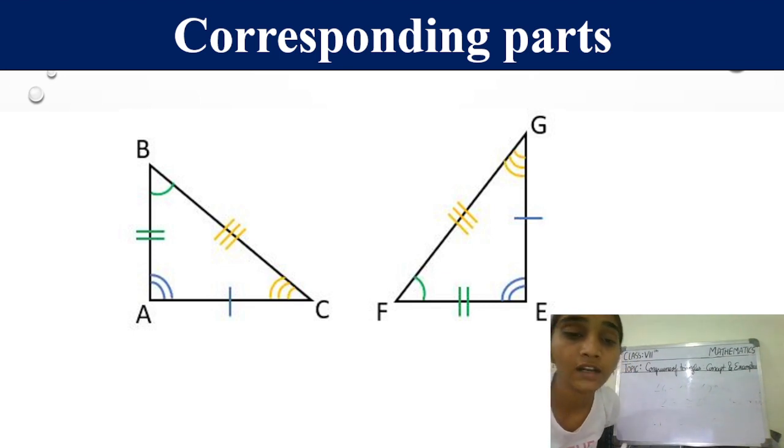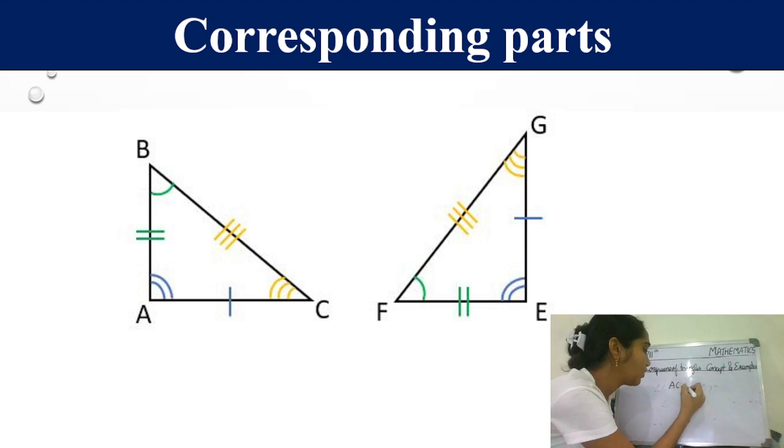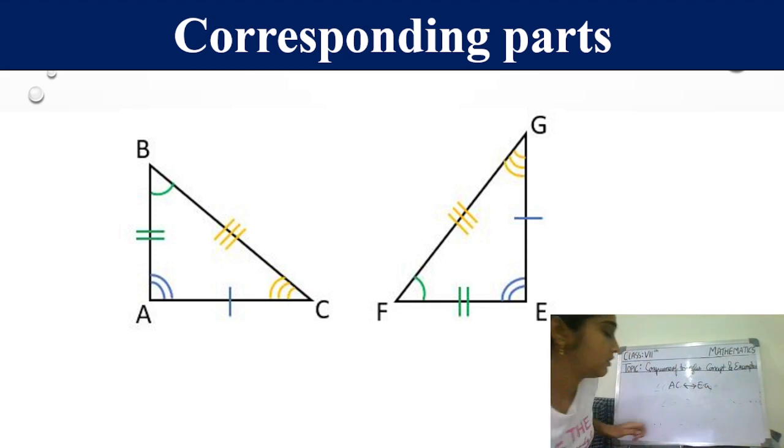If we consider triangle ABC, which side is equal to a side of triangle EFG? Yes, AC and EG. So if we have to represent it in the corresponding way, we will say AC corresponds to EG. This is the corresponding symbol which we are using.